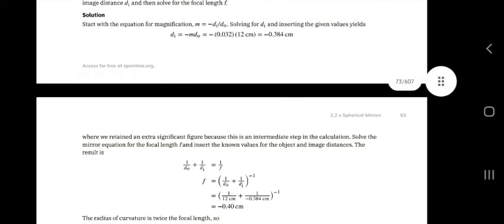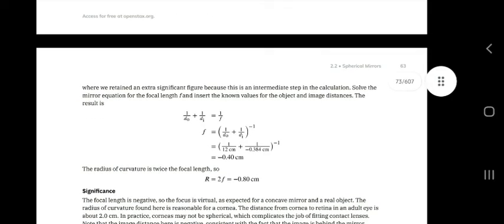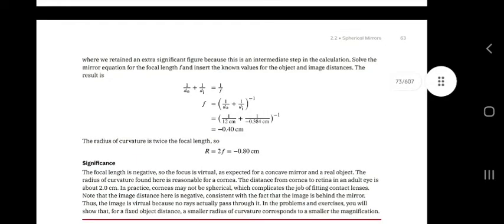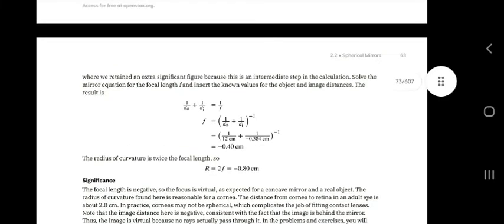So next, we retain an extra significant figure because this is an intermediate step in the calculation. Solve the mirror equation for the focal length and insert the known values for the object and image distances. The result is 1 over object distance plus 1 over image distance, in which equals to 1 over focal length.